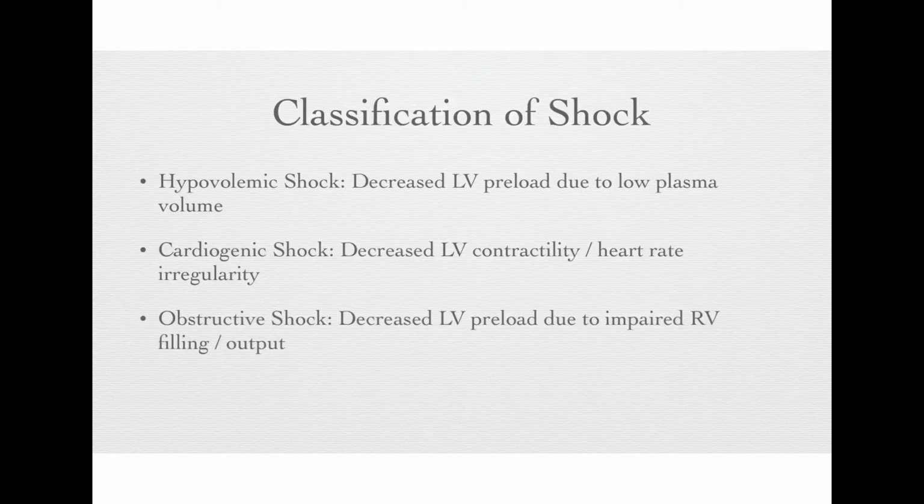There is a class called obstructive shock, which is caused by decreased LV preload as a result of impaired right ventricular filling or output. And finally, there's distributive shock subtypes, which are all characterized by a decrease in the systemic vascular resistance.